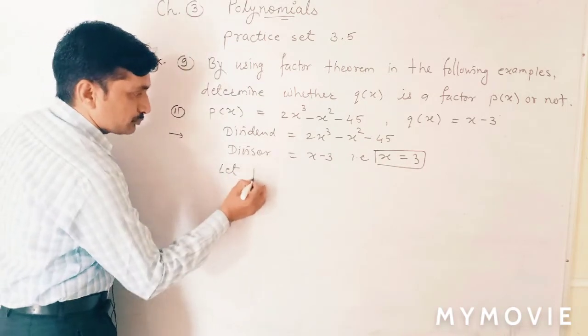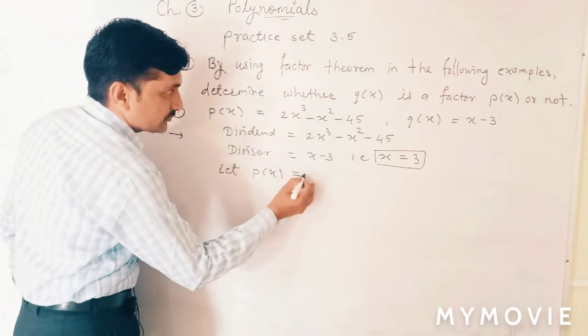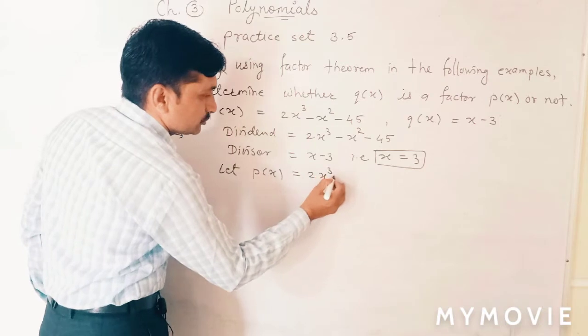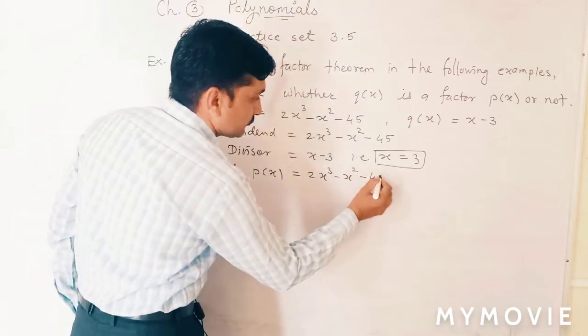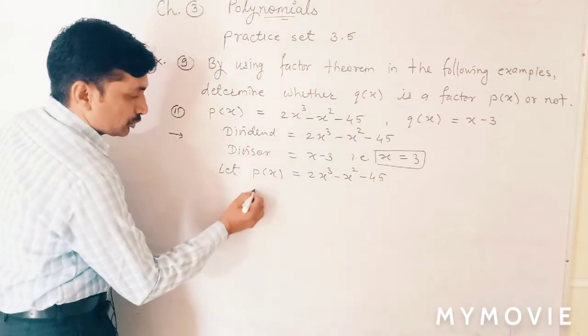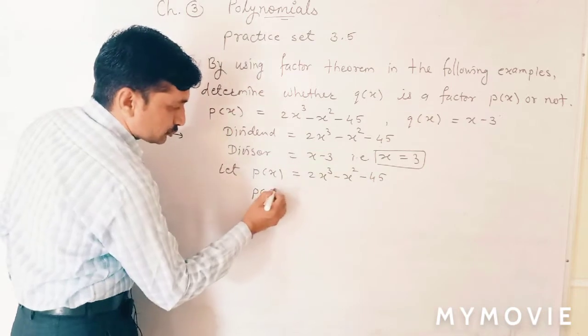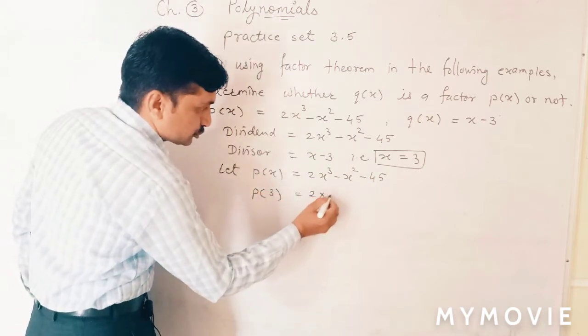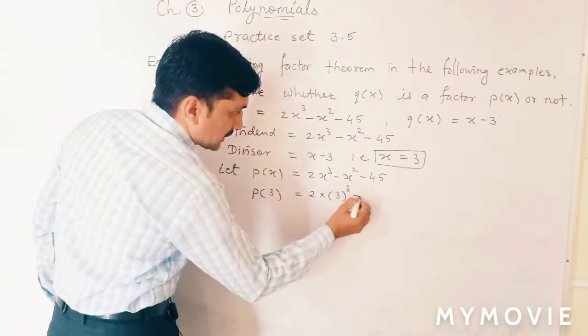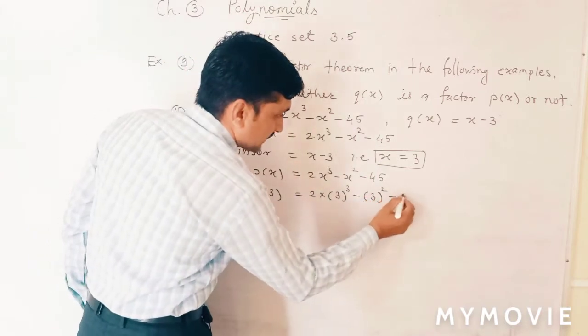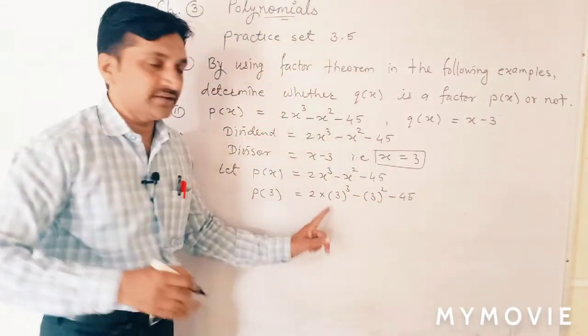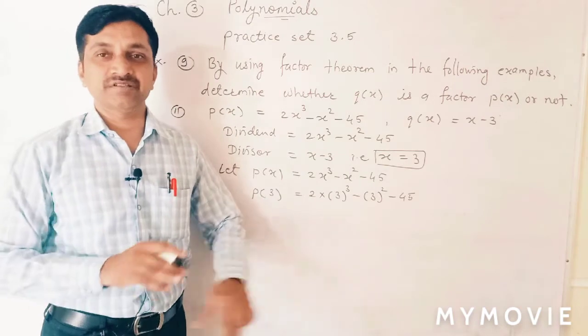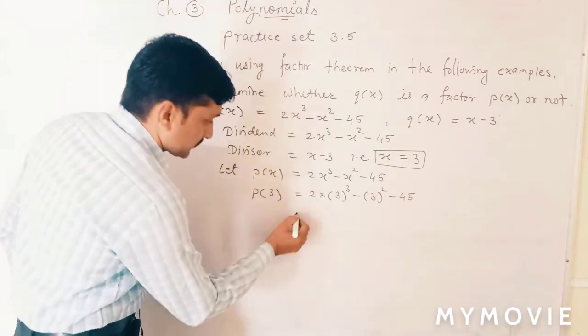Now let p of x be the given polynomial, 2x cube minus x square minus 45. Put the value of x as 3: 2 into 3 cube minus 3 square minus 45. Let's find this value. If we get 0, this is a factor, otherwise not.